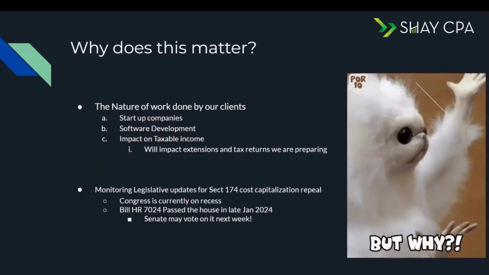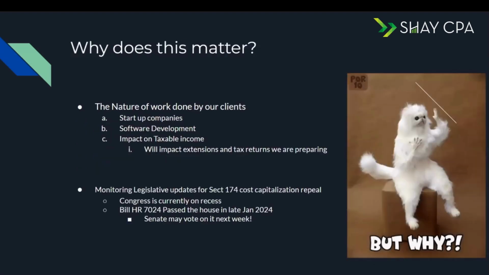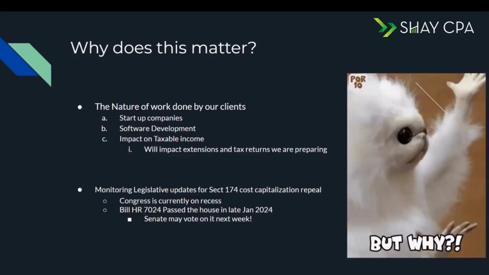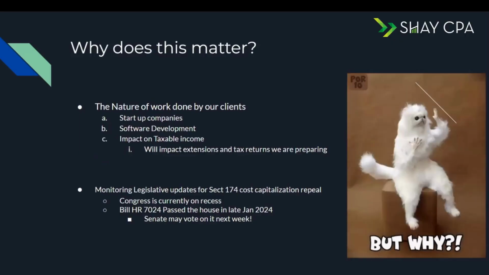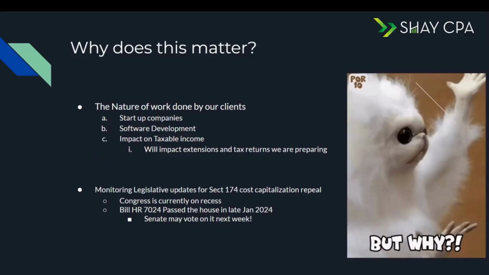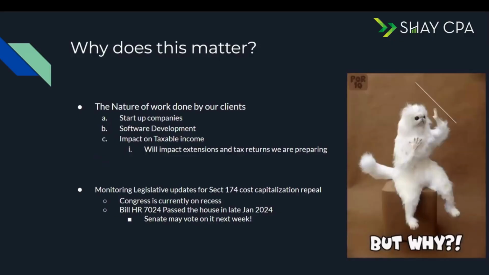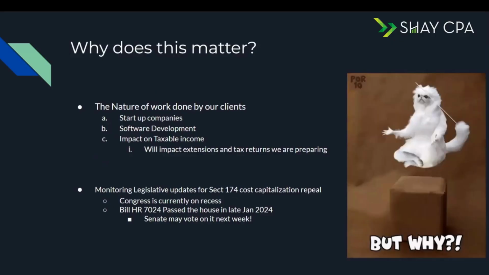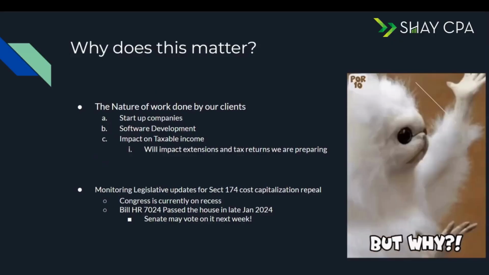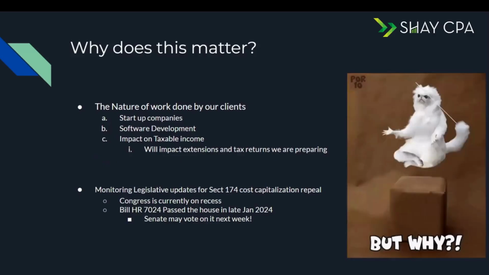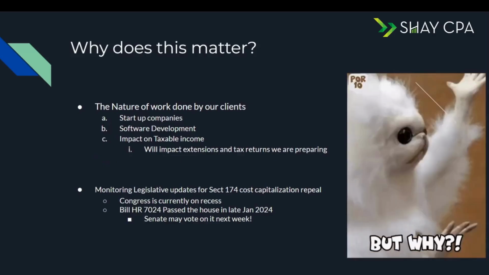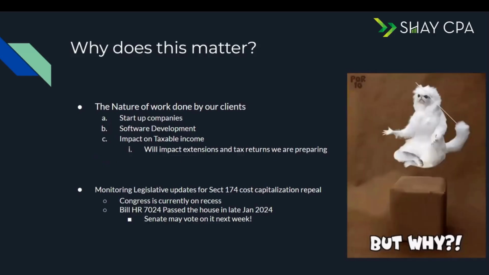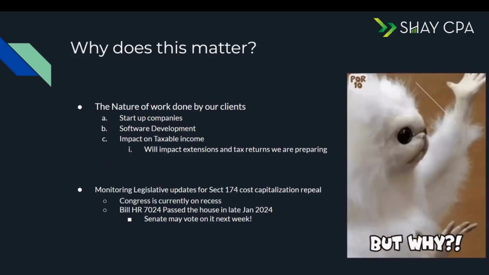Now, why does this matter to us? The companies that we work with are heavily technology startup companies, and they incur a lot of software development costs. Software development costs fall under Section 174, and there's a requirement for these costs to be capitalized. Why is it important for us to pay attention to this for our clients?